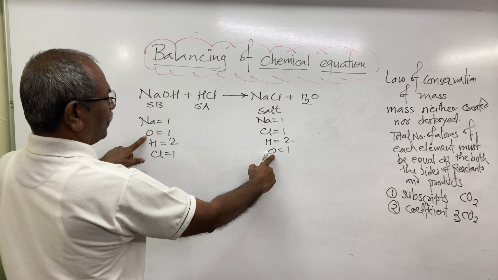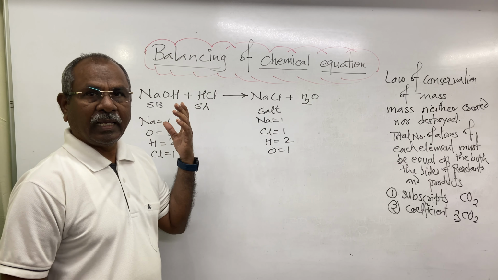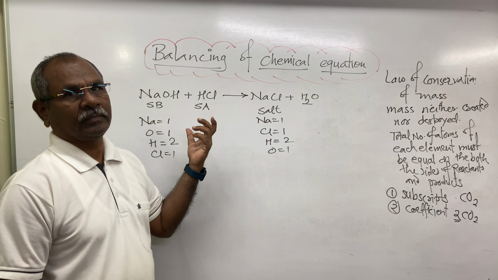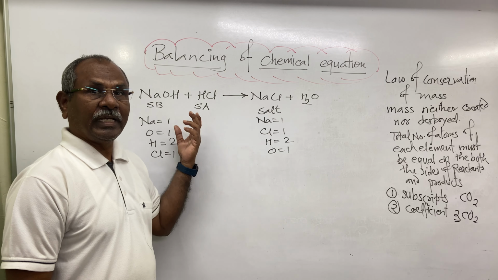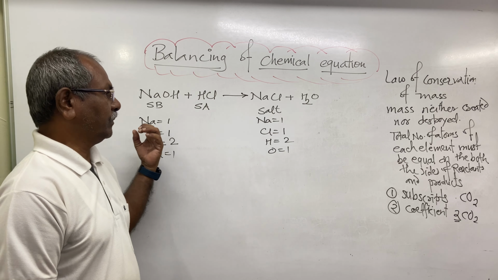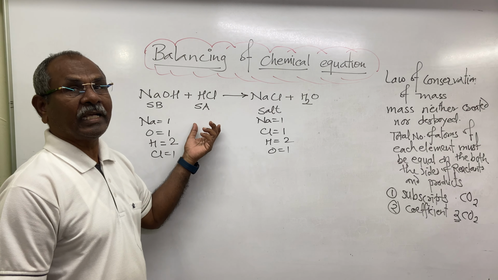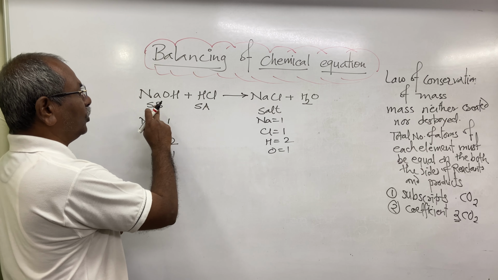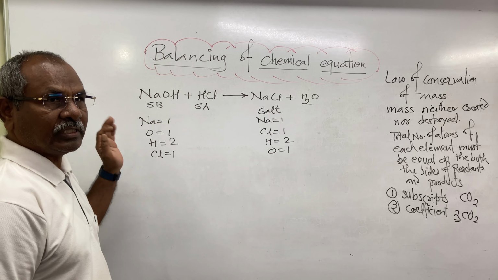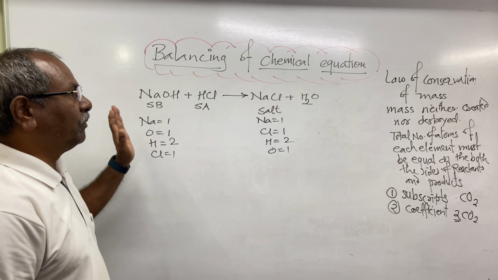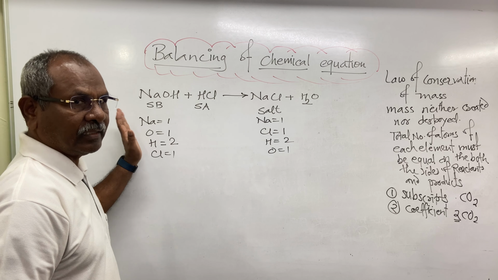So this is a balanced chemical equation. There is no need to use the coefficient to balance the chemical equation. It is nothing but a neutralization reaction in which strong acid is neutralized by a strong base NaOH to form salt NaCl and water molecule. This is a simple reaction. There is no need to balance any atom from product as well as reactant side.